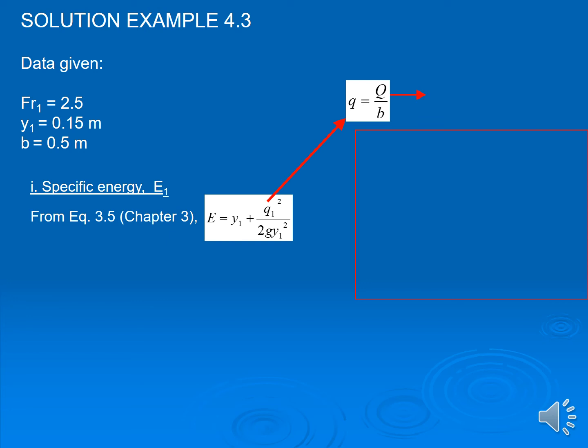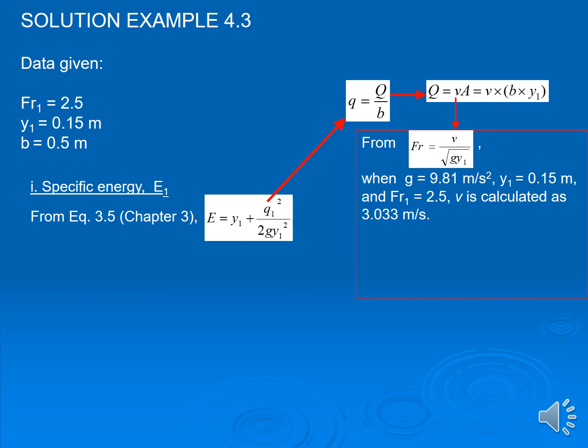flow value. So the flow value can be obtained using the general flow equation Q equals AV, where we have the value of B 0.5 meters and y1 equal to 0.15 meters. You need to find V, velocity. So we can apply the Froude number equation. We have Froude number equal to 2.5 and y1 is 0.15 meters.